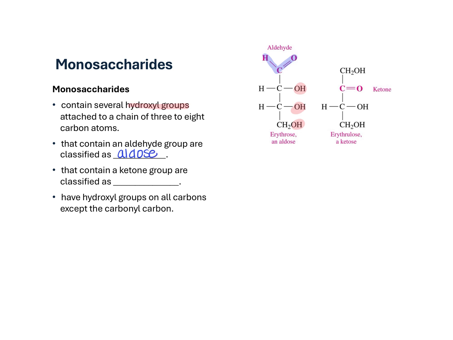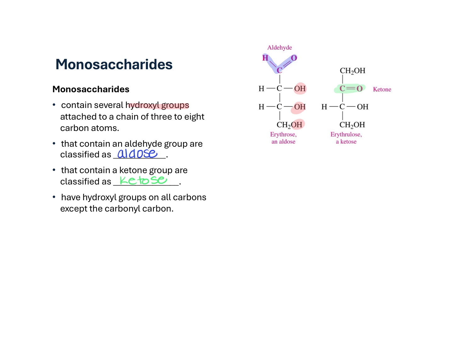We also can see that the other functional group present in carbohydrates are ketones. If the monosaccharide has a ketone group, it's classified as a ketose. Okay, so we can have aldoses that have that aldehyde functional group, and then we can have ketoses, which have the ketone functional group.